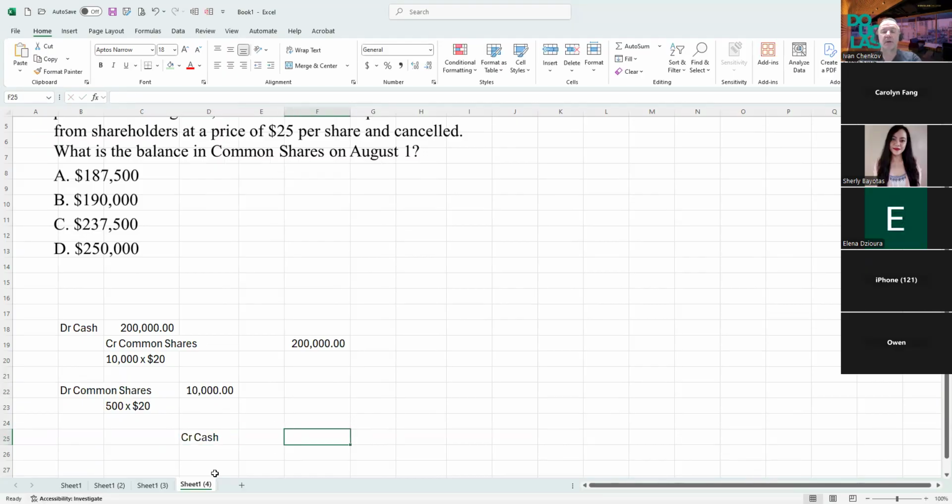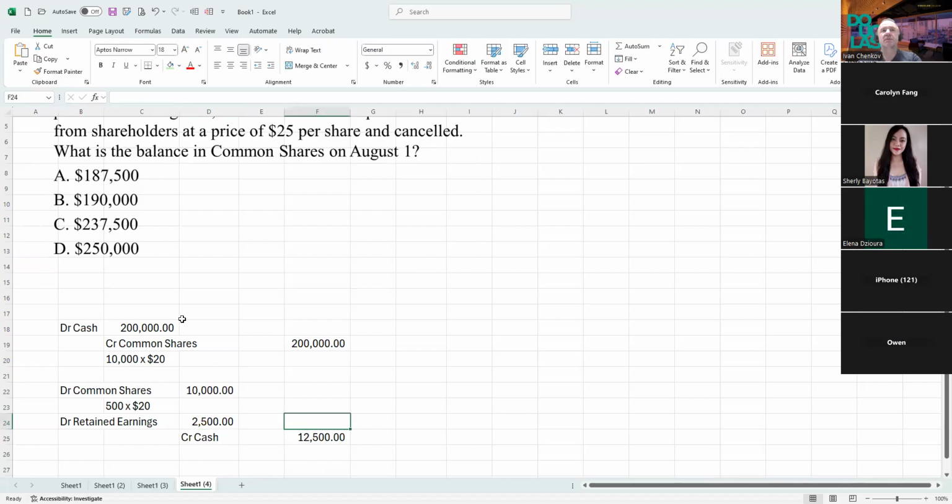How much cash am I going to pay? 500 times $25, $12,500. Correct? And I have to debit retained earnings with $2,500. Now I'm in balance, correct?